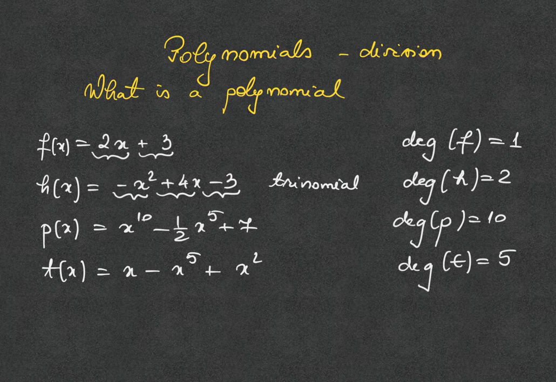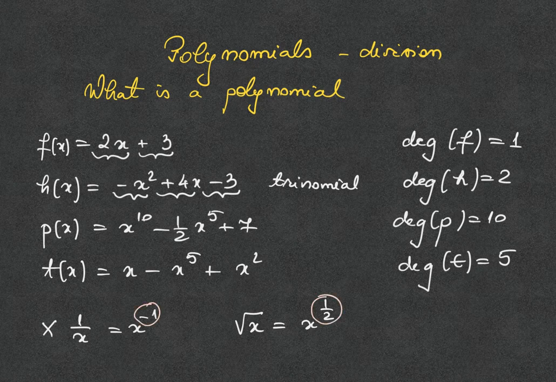What are not polynomials? For example, 1 over x is not a polynomial. Even if we can write it x to the power of minus 1, for polynomials, the power needs to be a positive integer, so that's not a polynomial. Square root of x is not a polynomial. Even if we can write it x to the power of 1 over 2, the power is not a positive whole number, so because of that, this is not a polynomial as well.